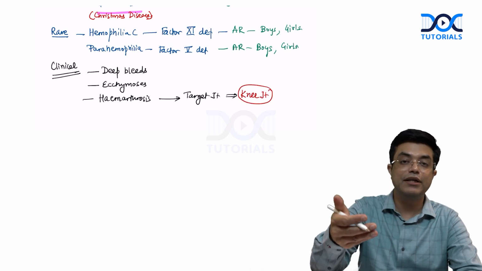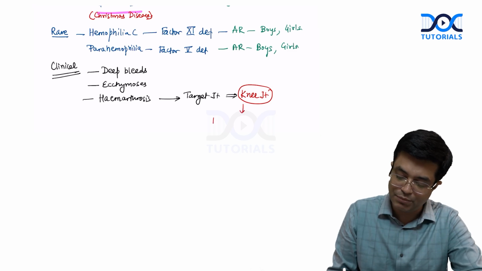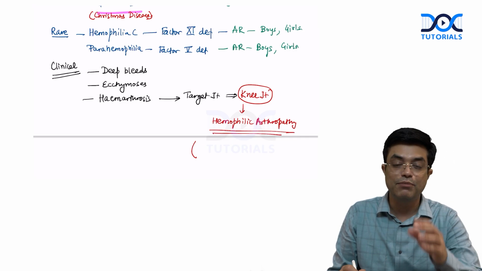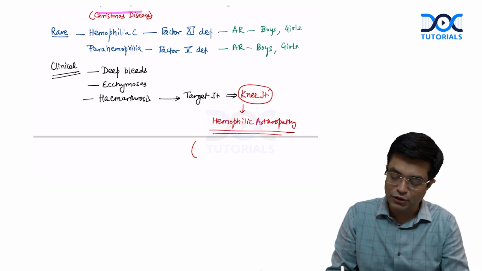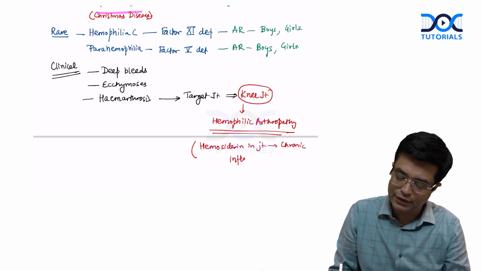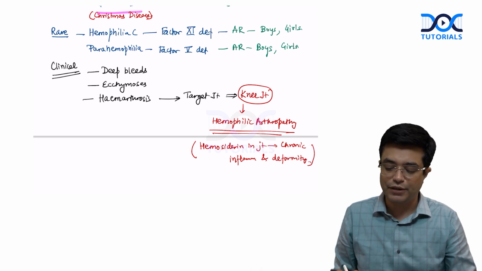Due to repeated bleeding into one joint, it can lead to the development of hemophilic arthropathy in the later stages. Hemophilic arthropathy is a deforming arthritis which occurs when bleeding occurs and then there is accumulation of hemosiderin. Hemosiderin in the joint causes chronic inflammation and deformity. And that is the mechanism of how hemophilic arthropathy tends to occur in the patient.